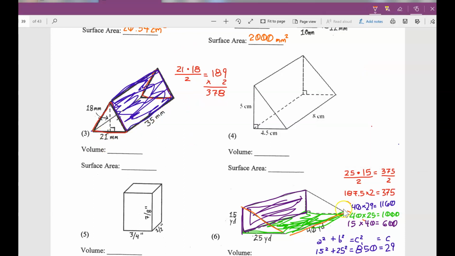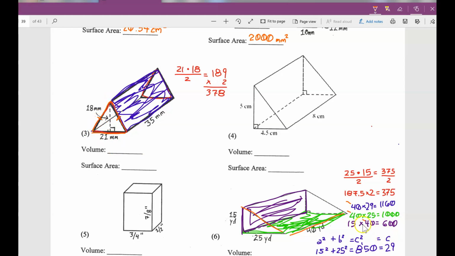Go down to our shortcut down here. Remember we multiplied our front to back measurement by each side of the triangle. Well, what are the sides of this triangle on the front? From across the bottom, it's 21. And we see these little notches on each side. This is an equilateral triangle. So this side's also going to be 21, and this side's also going to be 21.